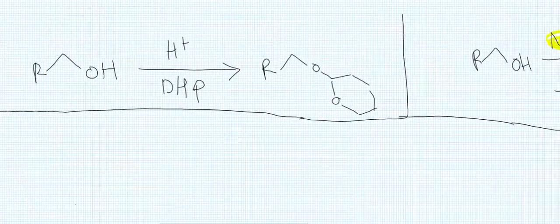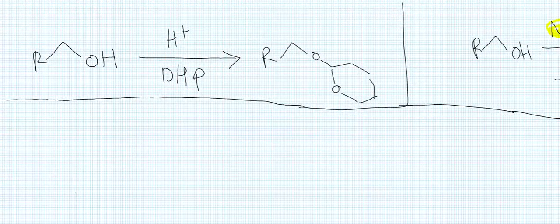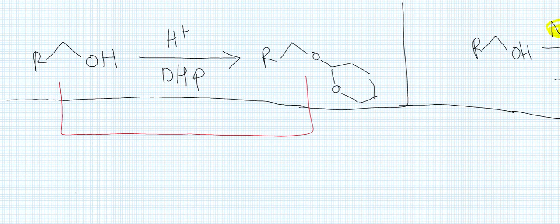How about this one? How to deprotect this one? Let me just draw a red arrow. Sorry. It's the same. Whenever you see an acetal, remember, how can we deprotect this form?